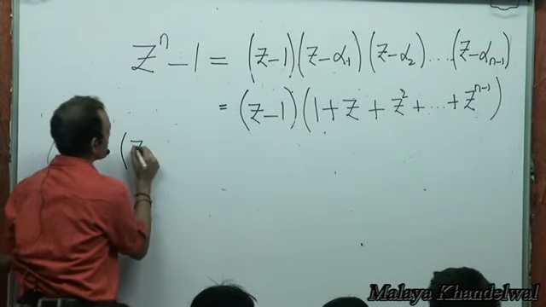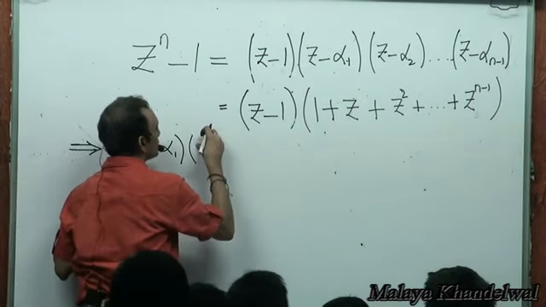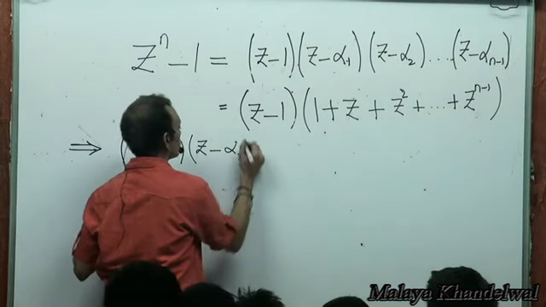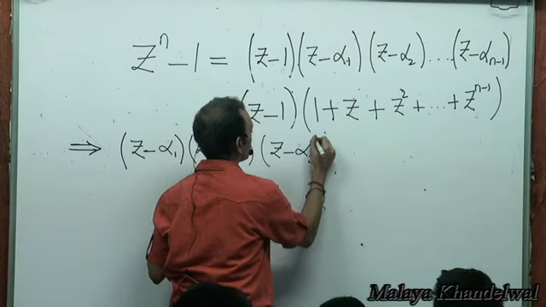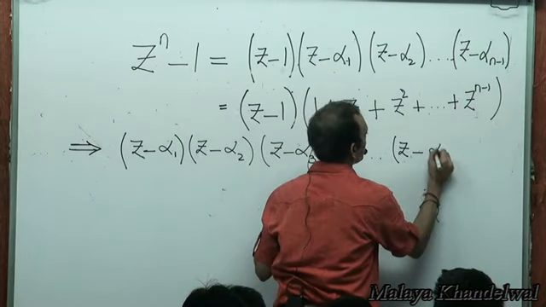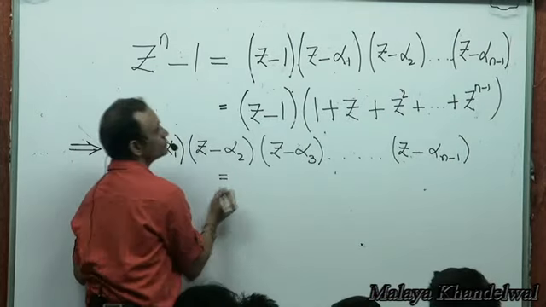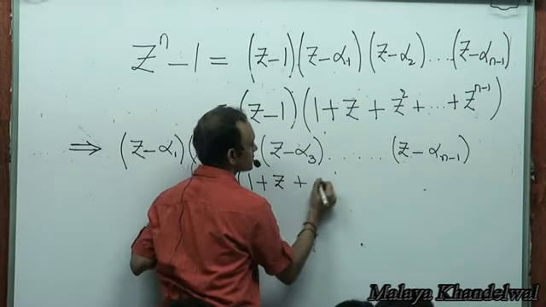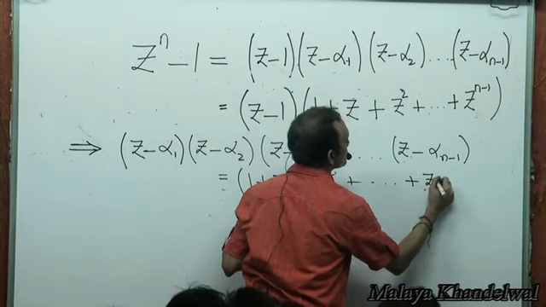that z minus alpha 1, z minus alpha 2, z minus alpha 3, up to z minus alpha n minus 1 is identical to 1 plus z plus z squared plus up to z power n minus 1.